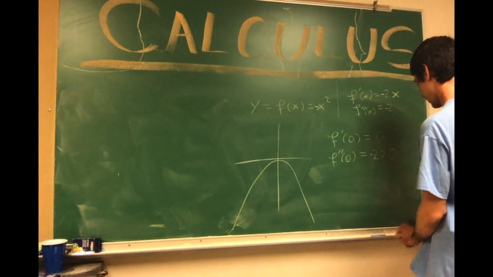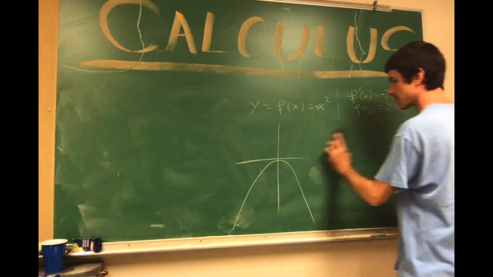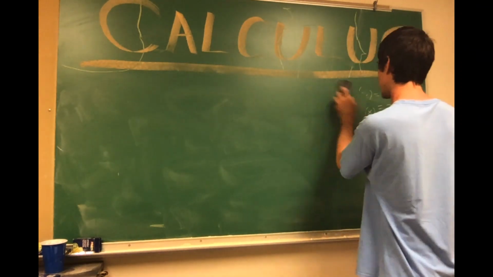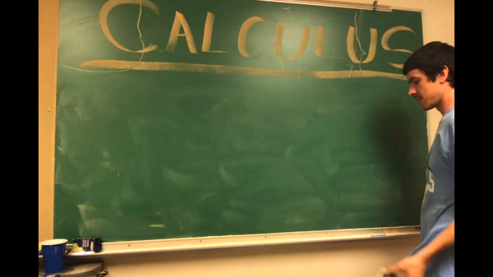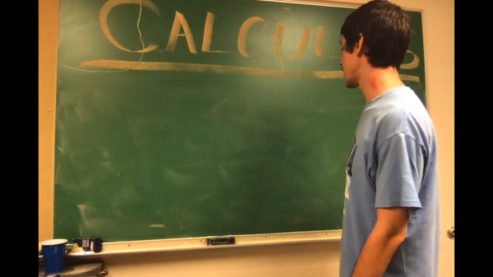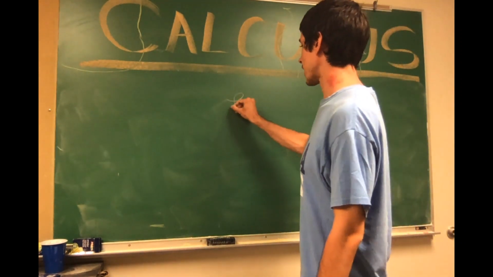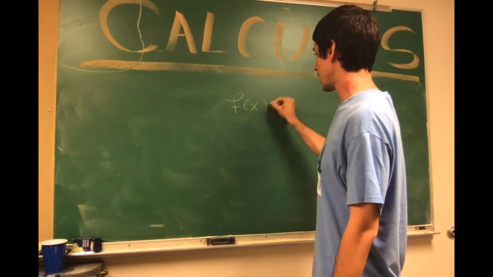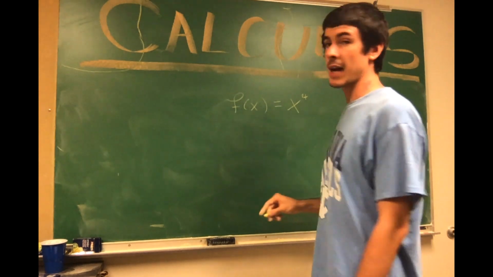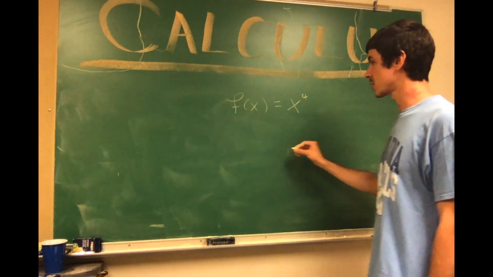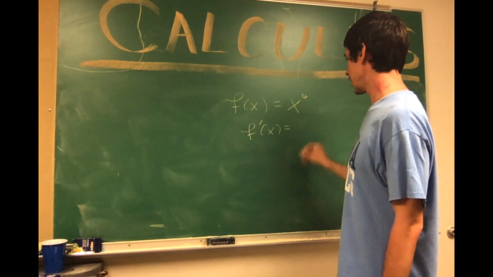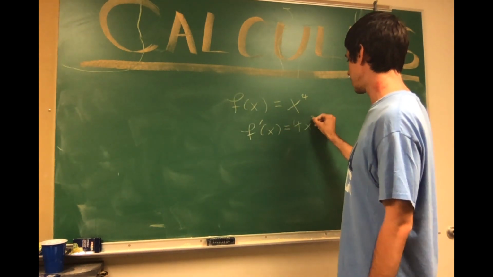And yeah, while we're on the subject of maxes and mins, I'll give you a quick example of when the second derivative test does not give us information. So let's say we have the function f of x equals x to the 4th. We could ask, where are the critical points of this function? Well, f prime of x equals 4x cubed.